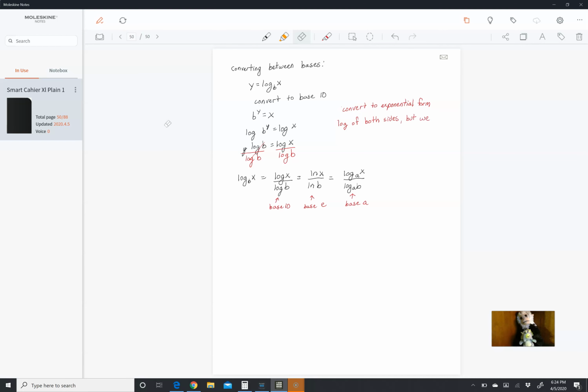But we can use any base. Meaning, if we want to convert to base A, we would take log base A of both sides.